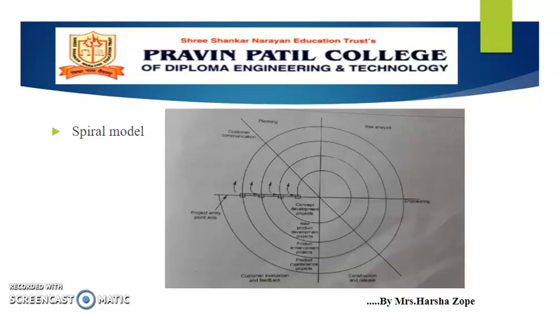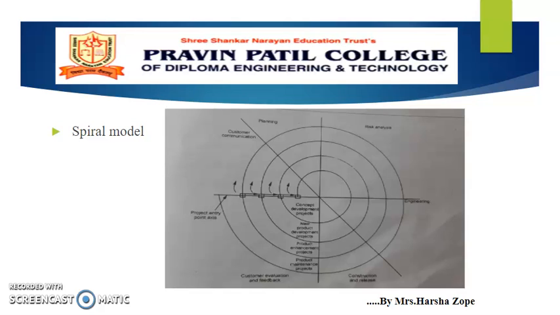In the diagram, you can see the particular engineering phase. And next is construct and release. All the necessary tasks required to construct, test, and install the application are conducted. Some tasks that are required to provide user support are also carried out in this task region. The next is customer evaluation.